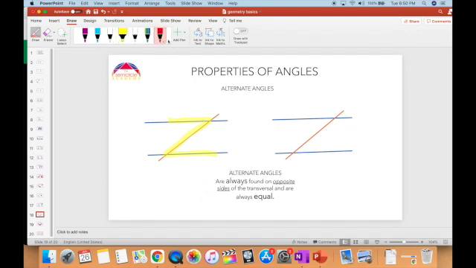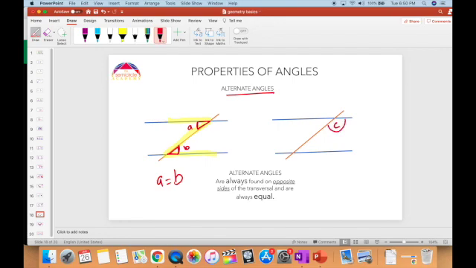I have this angle here, the inside of this Z, and then on the opposite side of the transversal, on this side here, I have another angle, and I'll call this angle B. These are alternating angles, and alternating angles are equal. Yeah? Right? Let me ask you something.